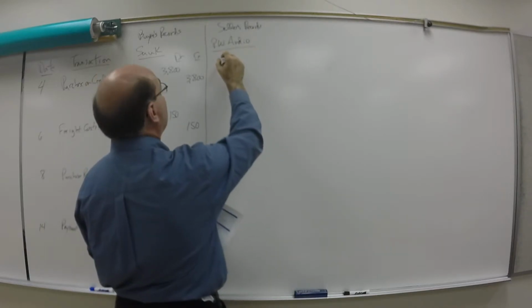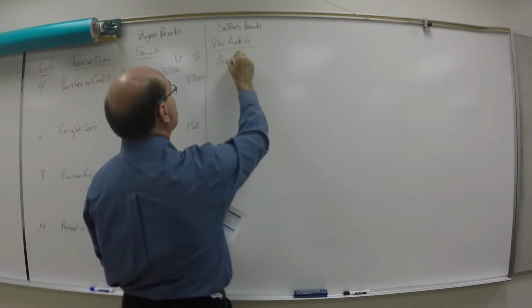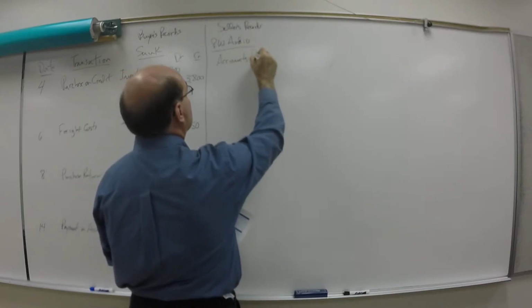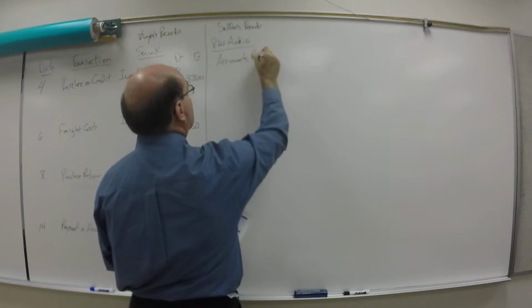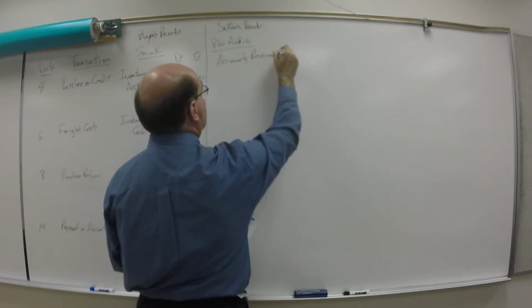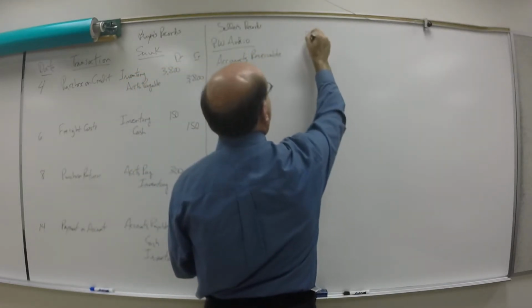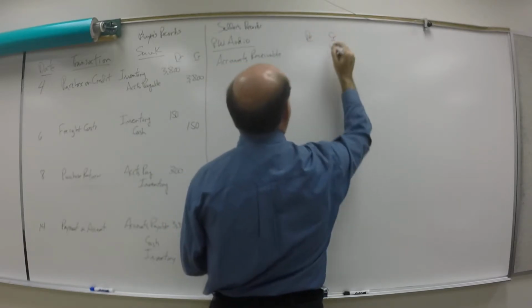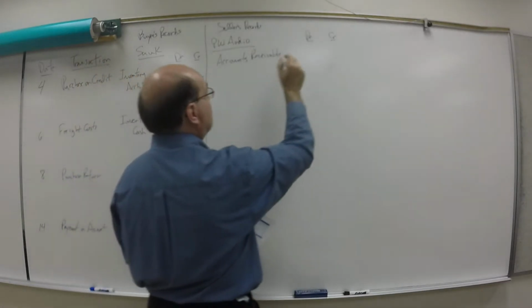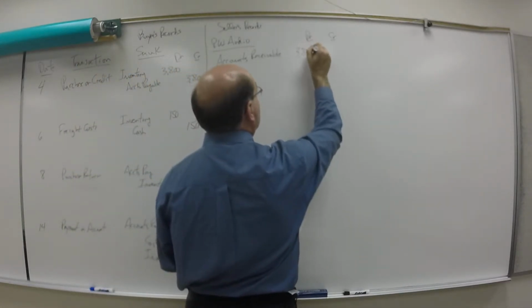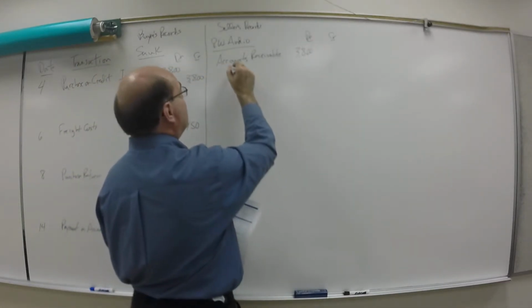They're going to record accounts receivable, and it's $3,800 because that's what they sold it for. And then they'll record sales, so they have sales revenue.